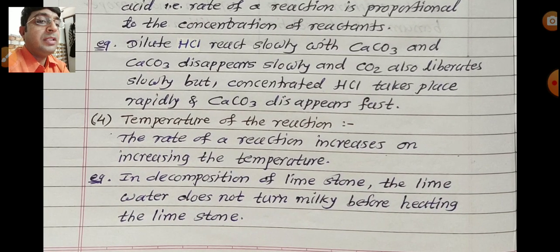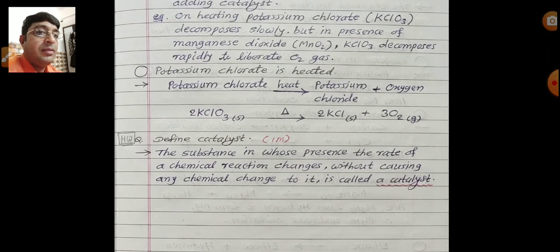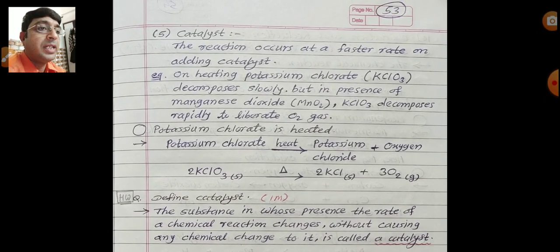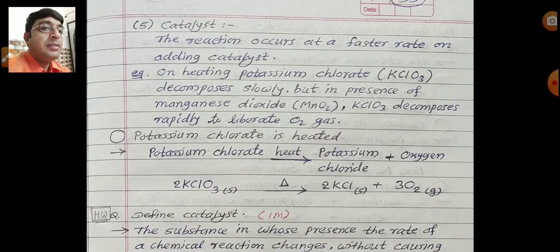Fourth factor, temperature of the reaction. The rate of the reaction increases on increasing the temperature. Example: in the decomposition of limestone, the lime water does not turn milky before heating the limestone. Fifth factor, catalyst. The reaction occurs at a faster rate on adding a catalyst.